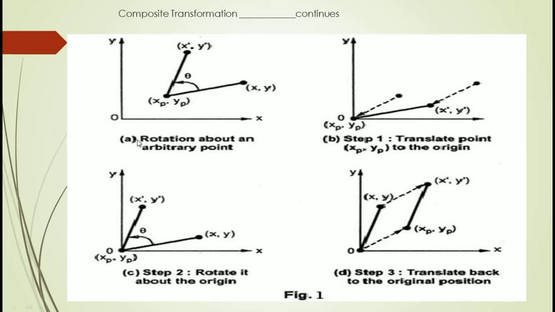This point (xp, yp) is first translated to our origin, that is (0, 0), and then it is rotated by theta, and after that it goes back to its original position.